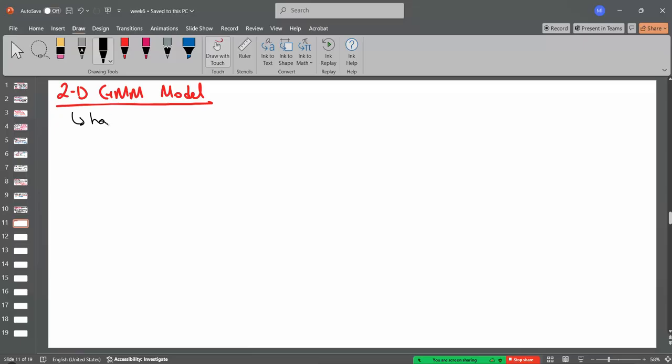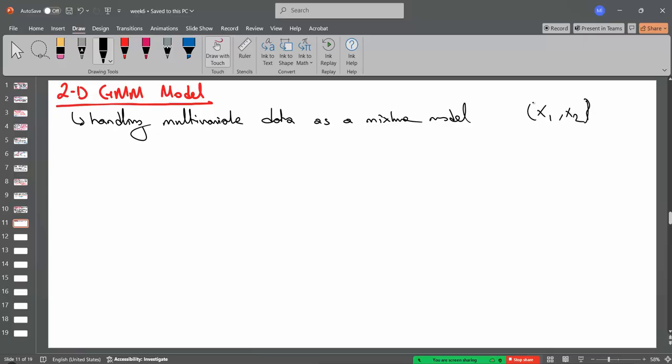This is utilized to handle multivariate data as a mixture model, okay? For example, x1 and x2. This is a two-variable data set, x1 and x2, and in order to define the Gaussian mixture model, we need to utilize multivariate data, not only x.